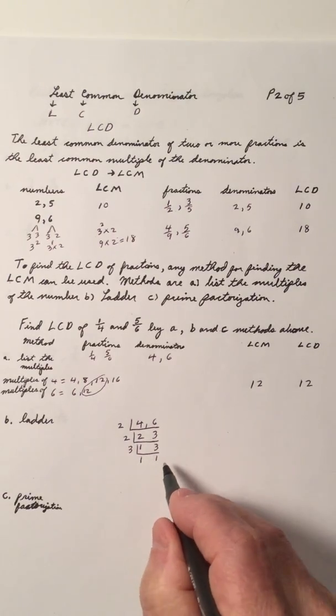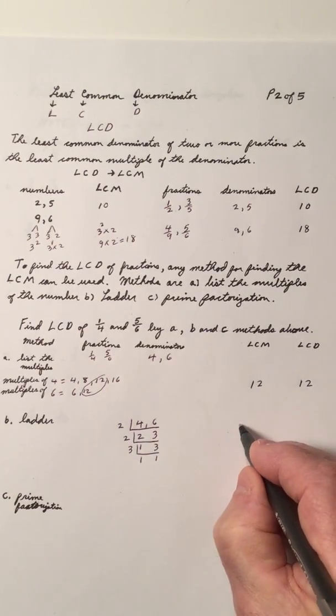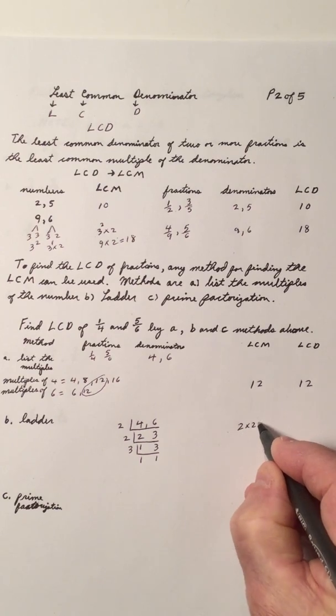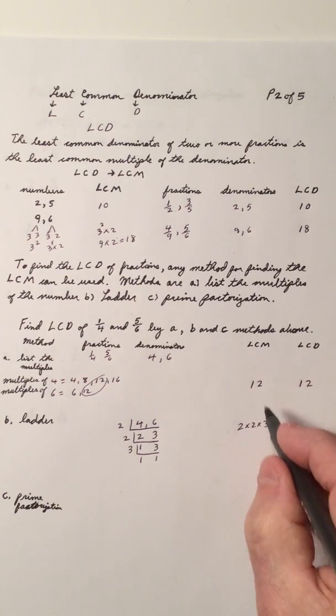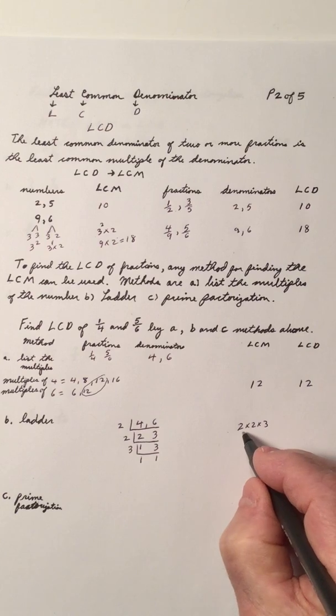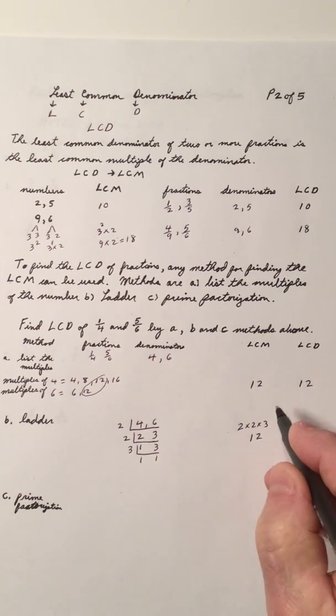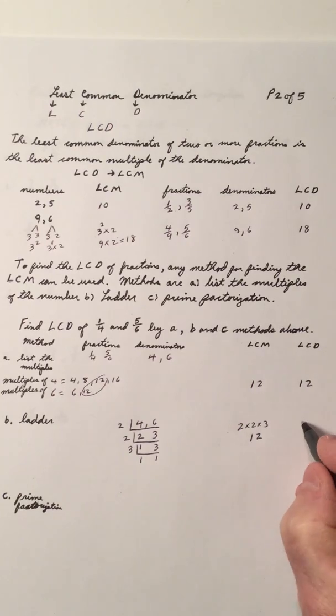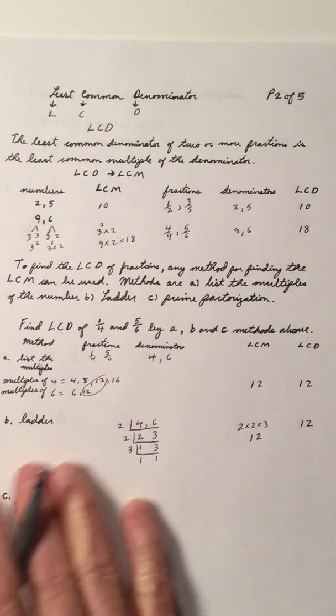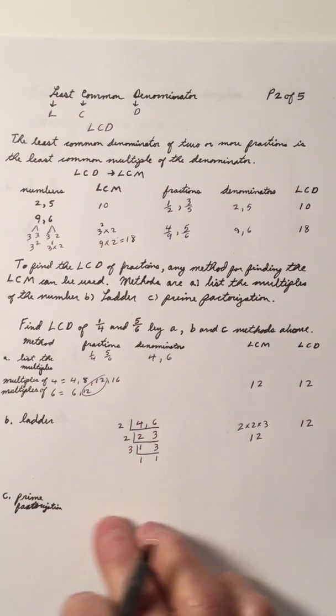We end up with 1s, so my LCM is 2 times 2 times 3, which is 4 times 3 is 12. My least common multiple is also my least common denominator. I'm going to get the same answer each time, but I'm just working out the different methods.